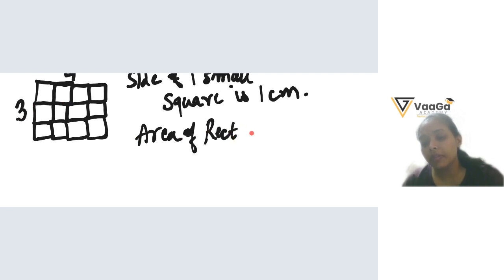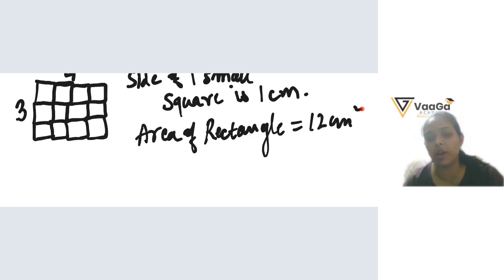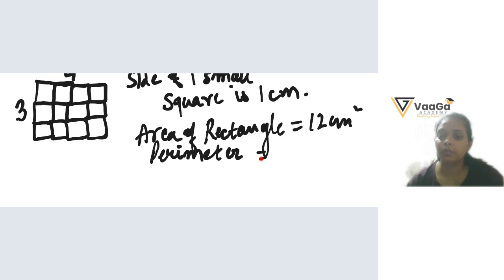The area would be 12 centimeter square. Very good. What will be the perimeter? 14 centimeter. Very good.